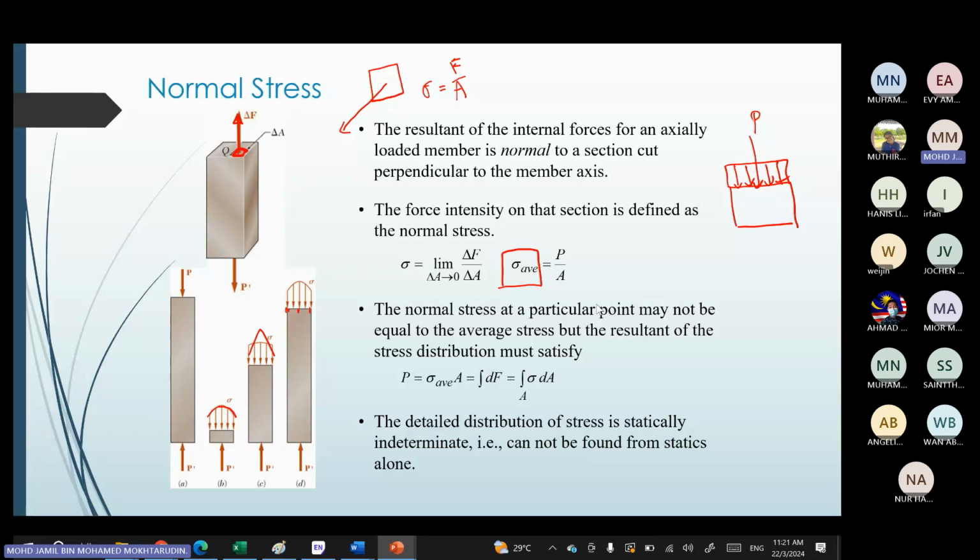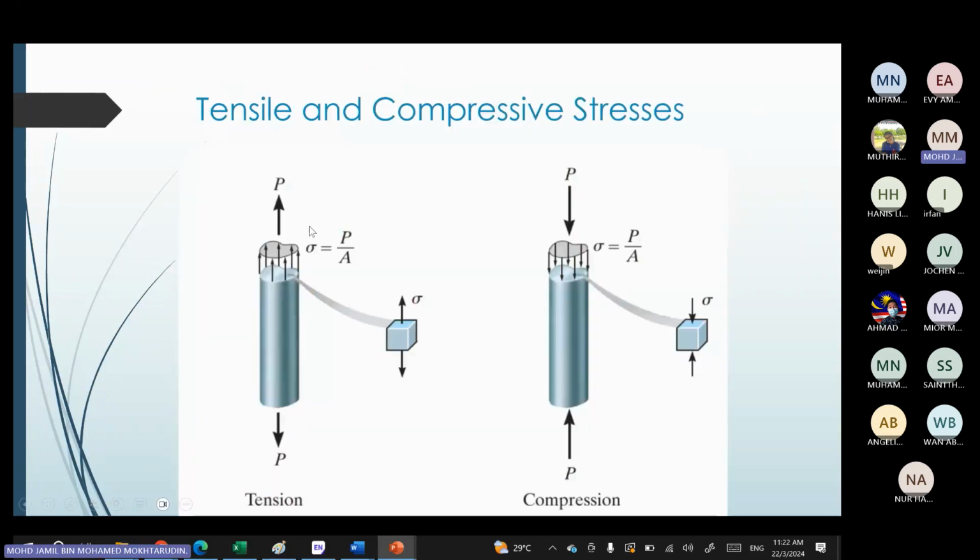Basically we use software to determine the actual distribution of the stress on the surface. But for manual calculation, you only determine the average stress. So again, here we show you the force. It is actually distributed, but the stress you are finding is just the average.